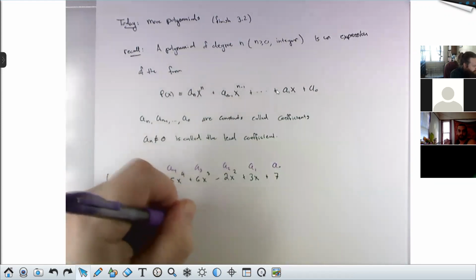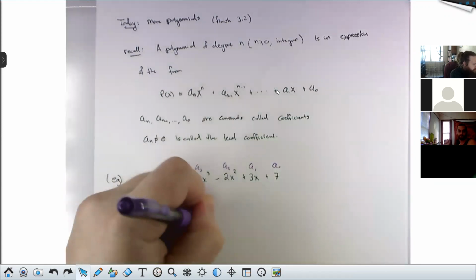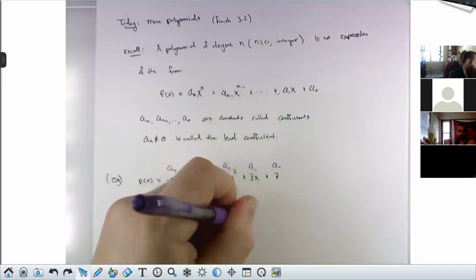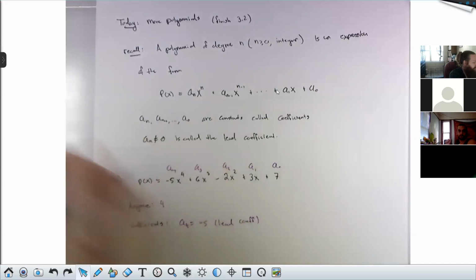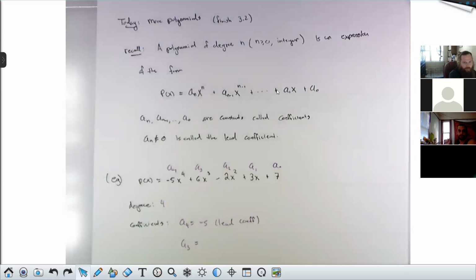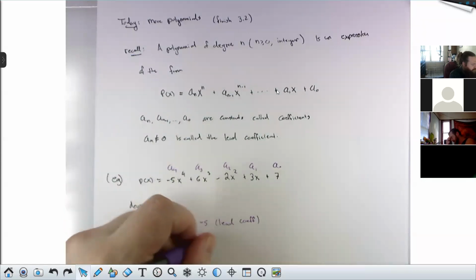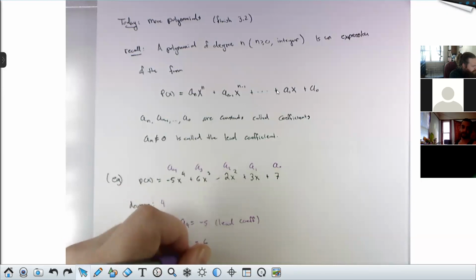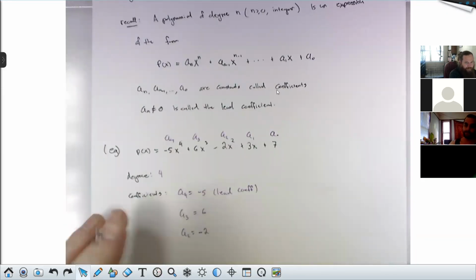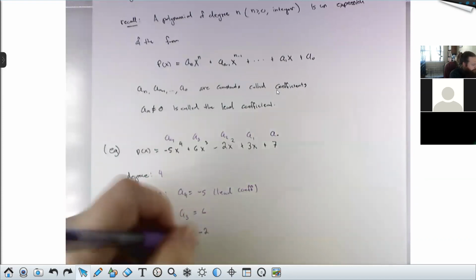So the lead coefficient, a_4, is -5. The cubic coefficient, or degree 3 coefficient, is 6. The quadratic coefficient, a_2, is -2. a_1 is 3.